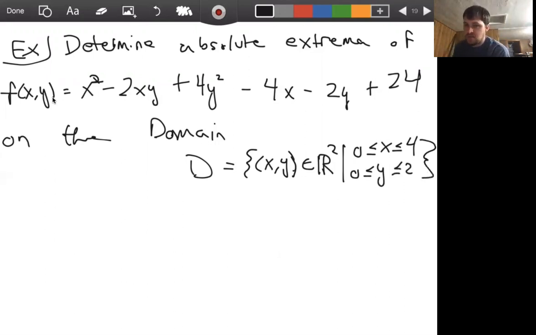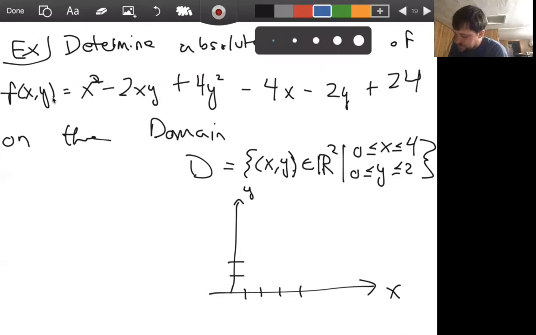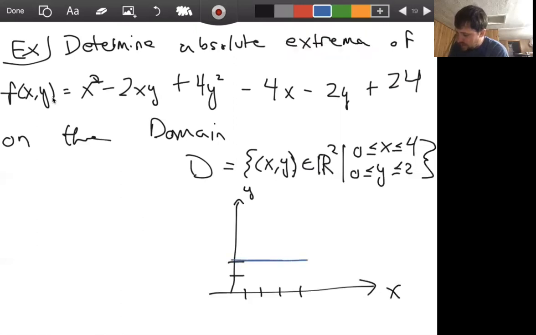And so what is this domain? This is set notation here. So this domain is points where x is between 0 and 4, and y is between 0 and 2. This gives us a rectangle, because any point, including the boundary, including the perimeter, is such that x is between 0 and 4 and y is between 0 and 2.